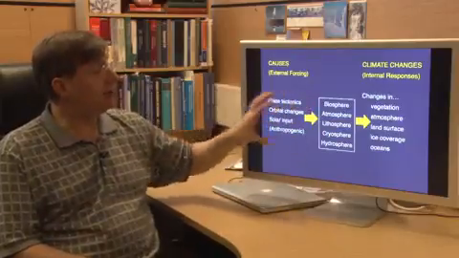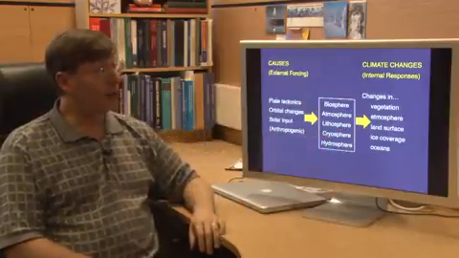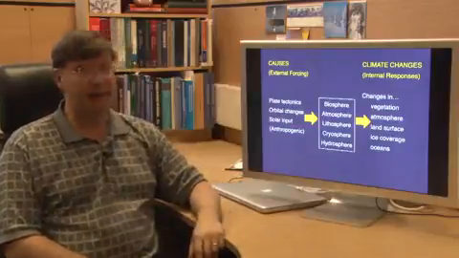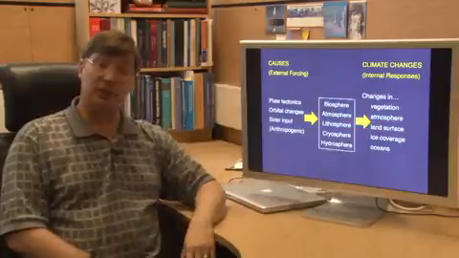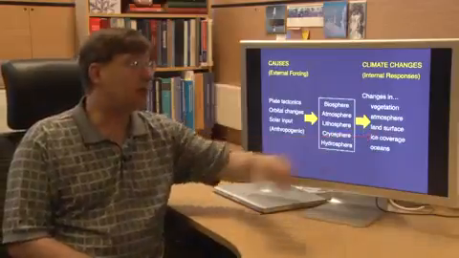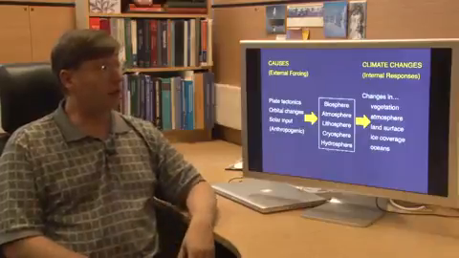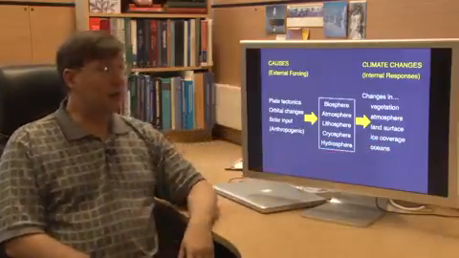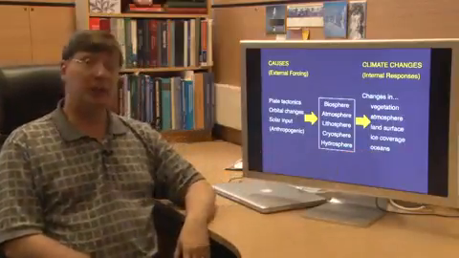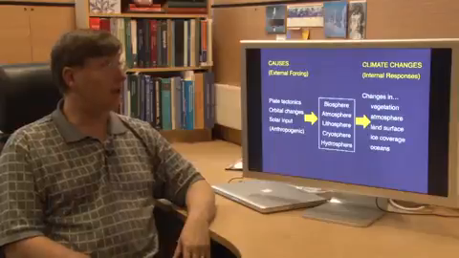So these changes, these external forcings, then go through the Earth's climate system to produce changes in vegetation or the distribution of life on the planet, lead to changes in the chemical composition or the dynamics, the motion of the atmosphere, changes in the land surface as mountains rise up, as surfaces weather away, changes in the ice coverage and depth and volume of ice that we have on the planet, as well as changes to the ocean, not only the chemical composition of the ocean, but also changes in the circulation.